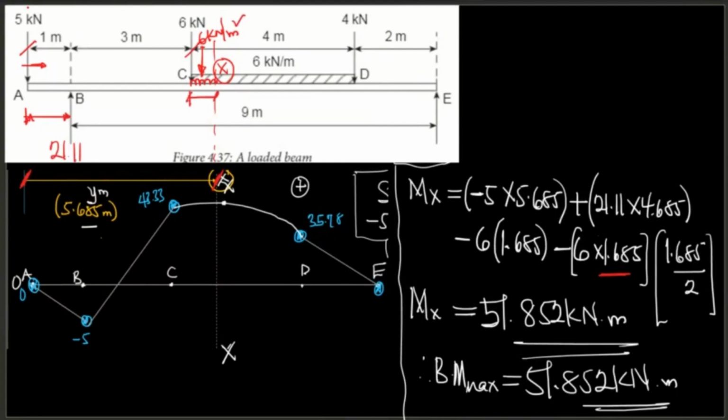The distance here is 5.685 minus 4, so the distance there is 1.685 meters. That's the reason why I multiplied them together to get the force. Then of course, because you are taking moment about X, and it's acting at the center, you have to divide the distance by 2. That's the reason why we have 1 here and 1 here.